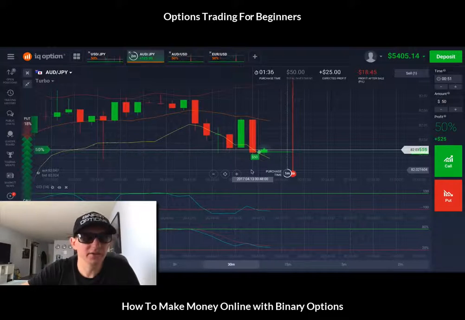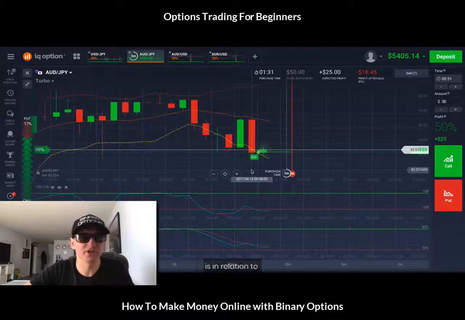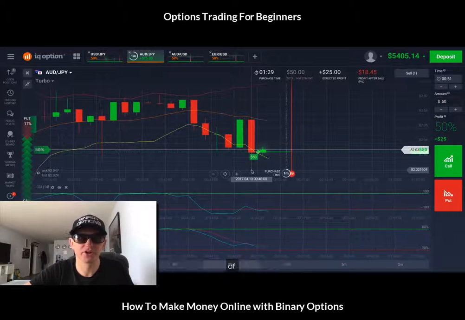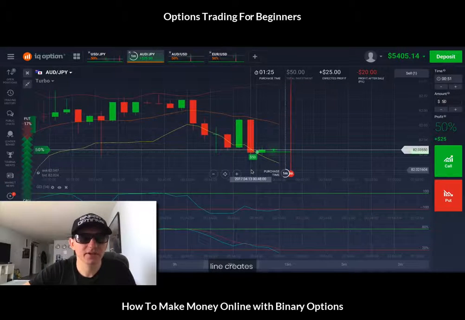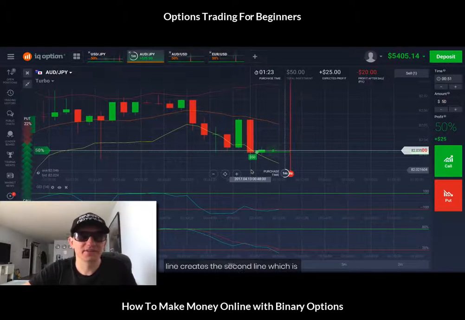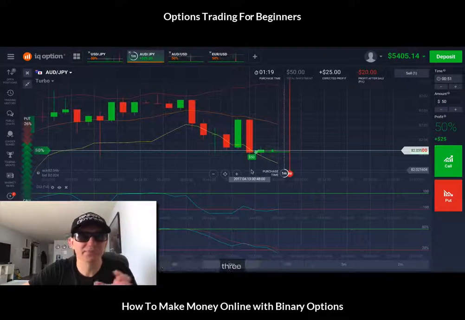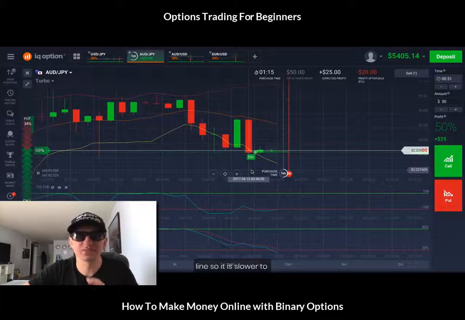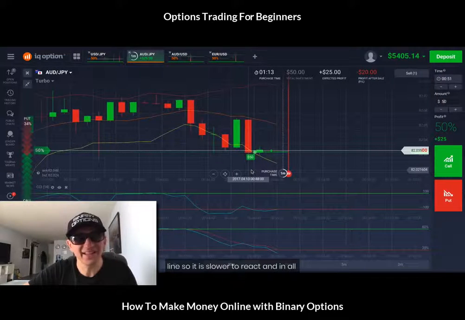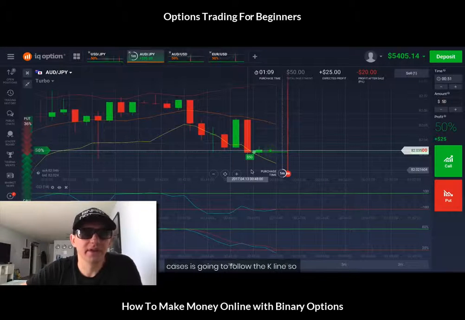So the K line measures how the current closing price is in relation to the total price range for the defined time period. The D line creates the second line, which is also plotted on the diagram, and it is a 3-period moving average of the K line. So it is slower to react, and in all cases it's gonna follow the K line.